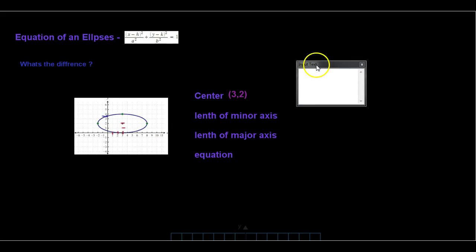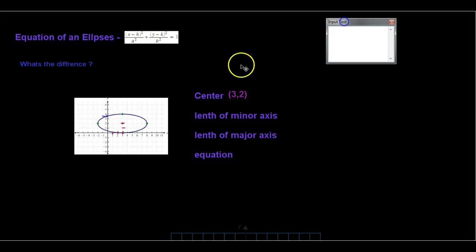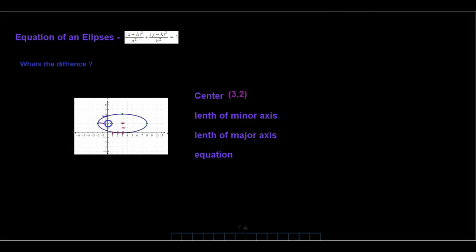Now we need to find the length of the minor axis. The minor axis is the axis that is stretched the least. Here it's pretty easy to tell. This right here is an axis, and this right here is also an axis.